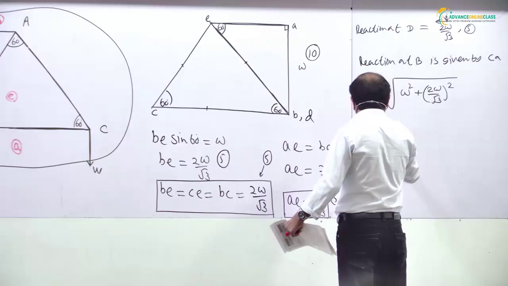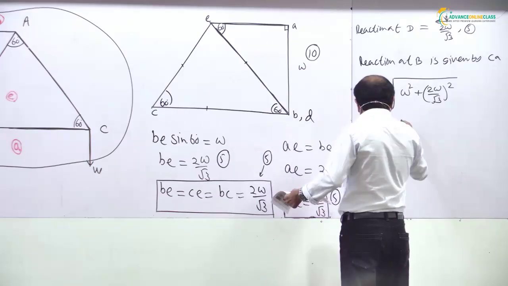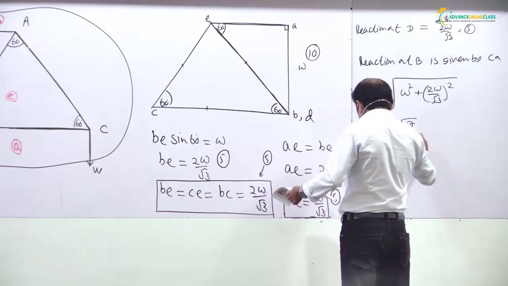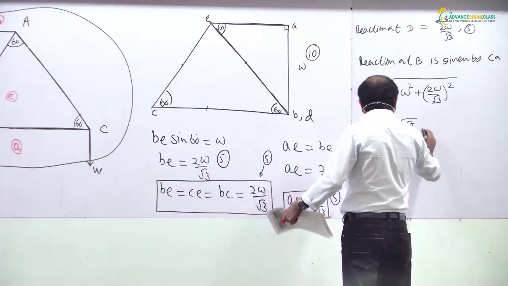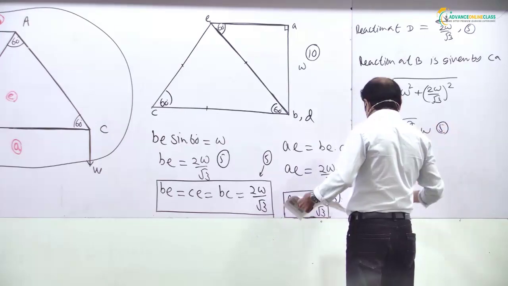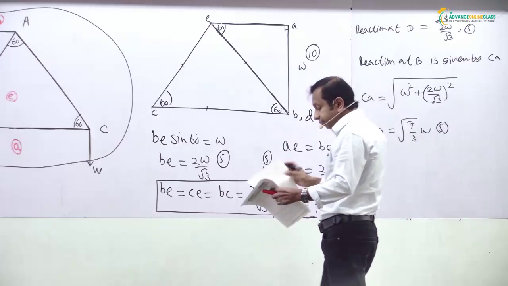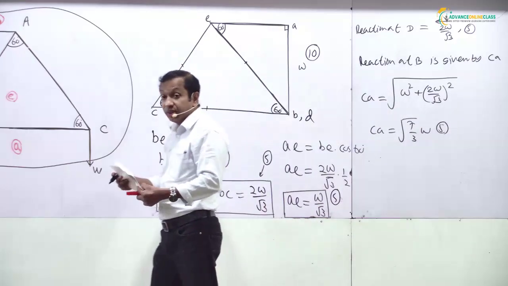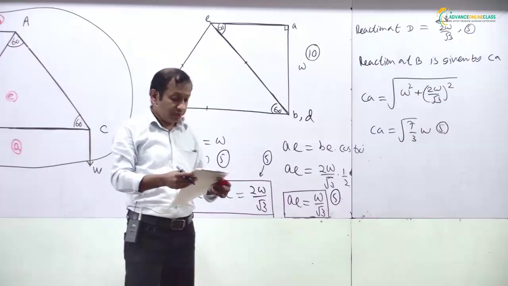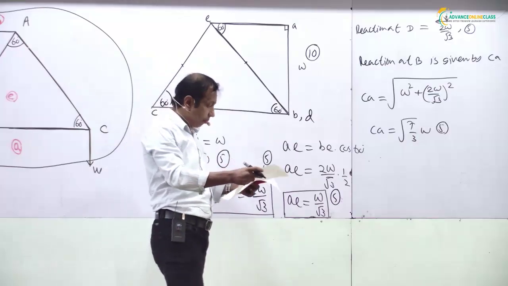This gives us CA, this answer. So now 3 root W, 5 marks. But remember, you must be able to give the direction also. Direction you can mark there.